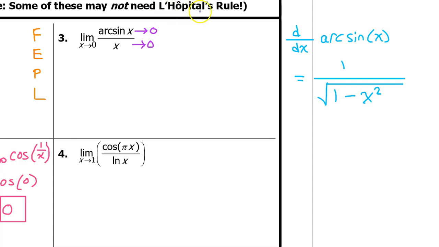Since the numerator and denominator are both approaching 0, which you must show like this, we are allowed to use L'Hopital's rule, which says we can take the derivative of the numerator and denominator without changing the value of the limit. So, the original limit will equal the limit as x approaches 0 of, here's a memorized rule, the derivative of arcsine x is equal to this expression. So taking the derivative of the numerator, I'm going to get all of this.